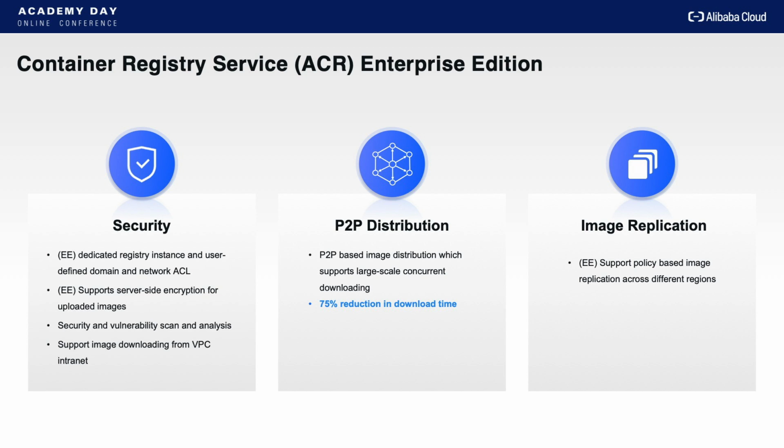It provides secured image management capability, including image build from source code, replication across global regions, and it is very easy to manage image permissions for RAM accounts. This service simplifies the creation and maintenance of the image registry and supports image management in multiple regions.